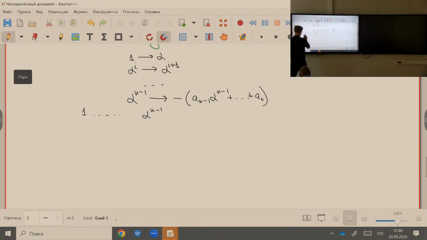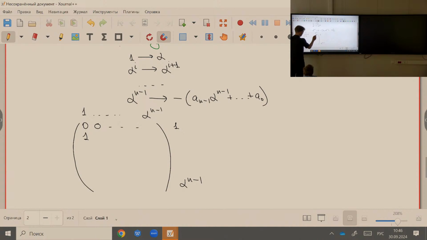I'm just drawing the matrix, writing down the image, how it should look in the basis, in the coordinates from 1 to alpha^(n-1).